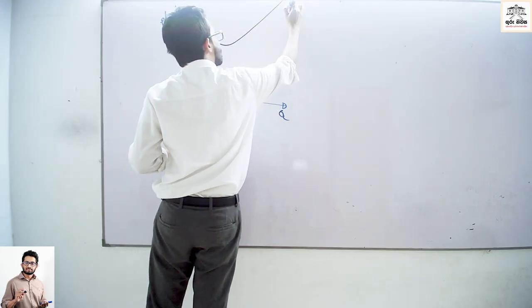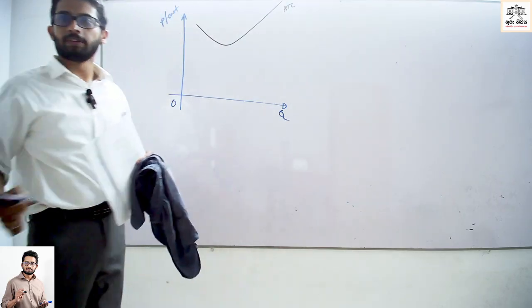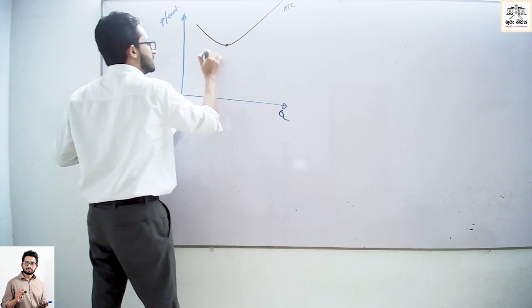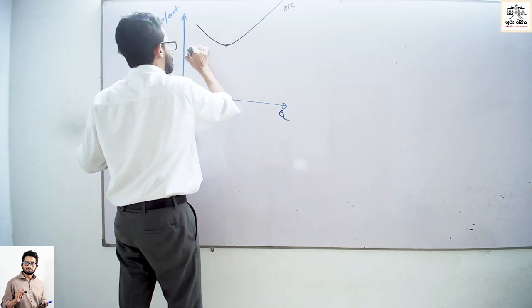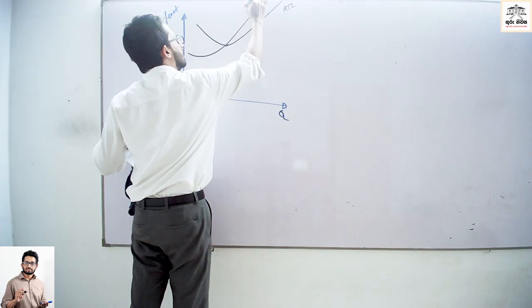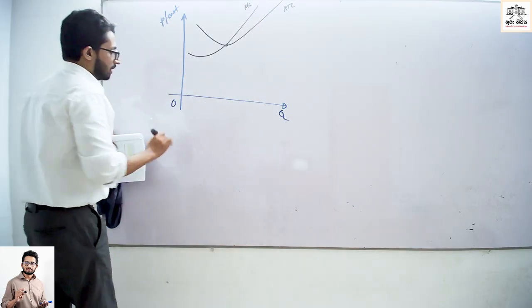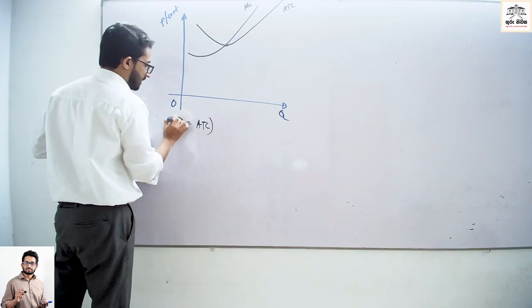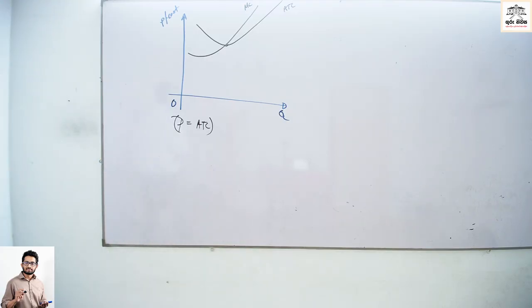This is average total cost. This is the minimum point of ATC. This is marginal cost. Now, the price of the product exactly equals average total cost. Price of the product equals average total cost.